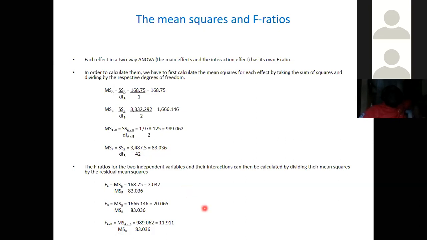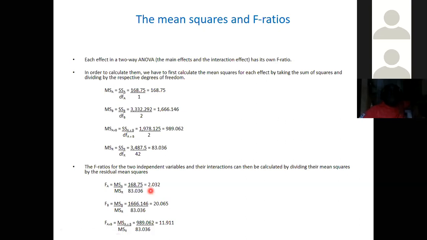So the F ratio now: you calculate for the main effect of gender, the main effect of alcohol, and their interaction. Just put the variance you have just calculated over the variance within. When you do it, it gives you 2.2011. So you see, the smallest one is this.